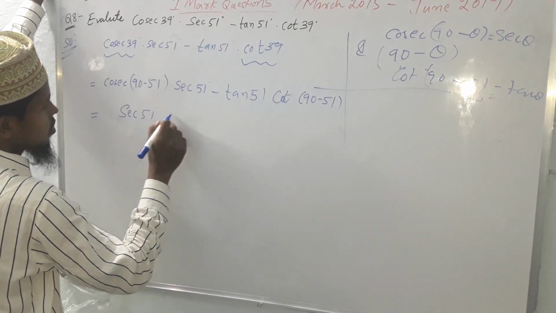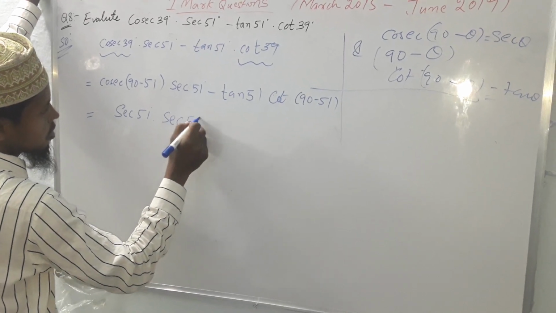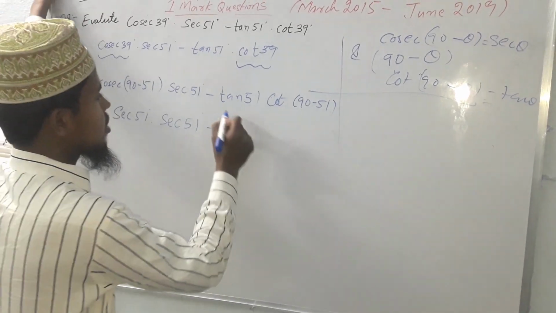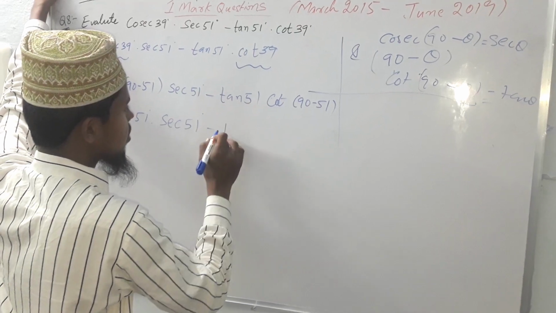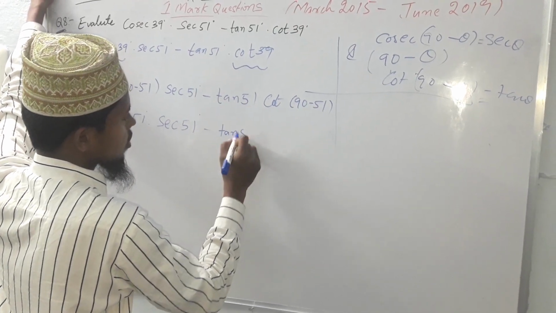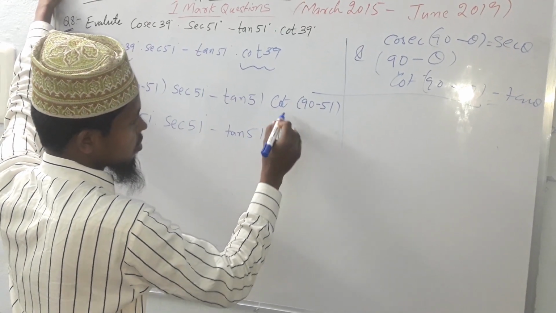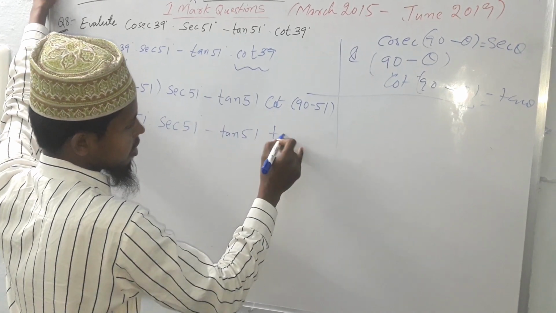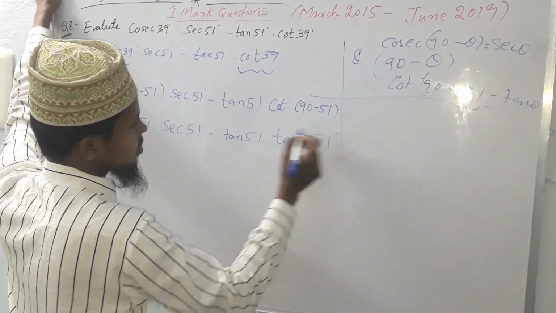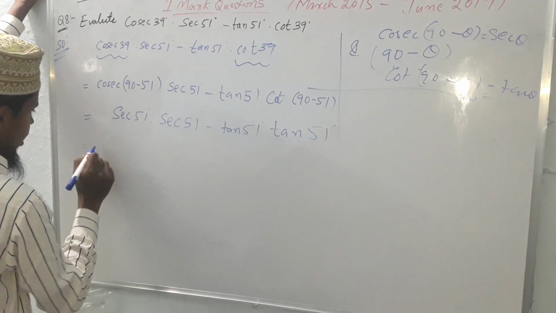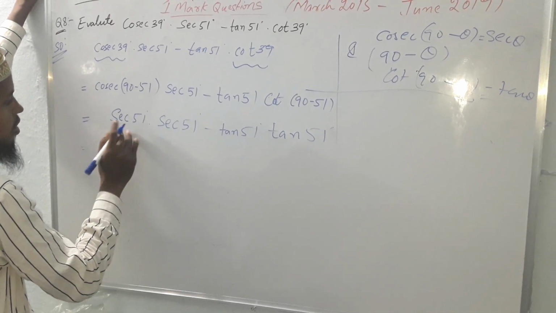Secant 51 degrees into secant 51 degrees minus tan 51 into cot 90 minus theta, tan 51 degrees.